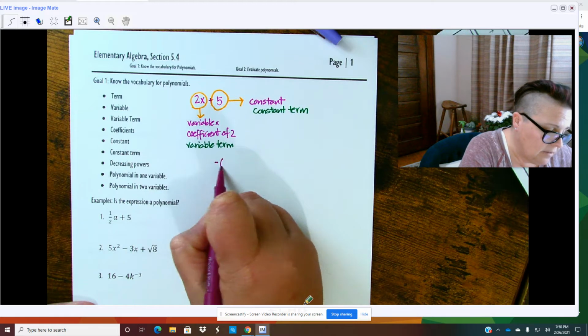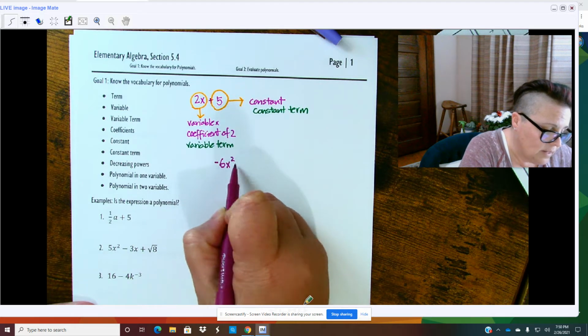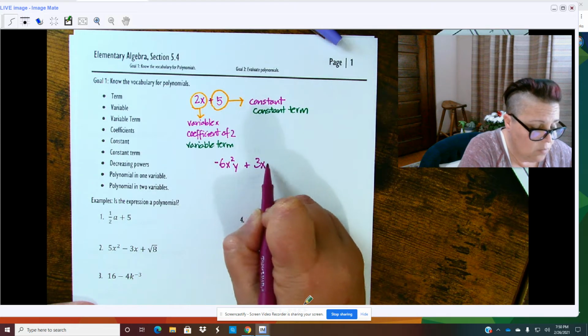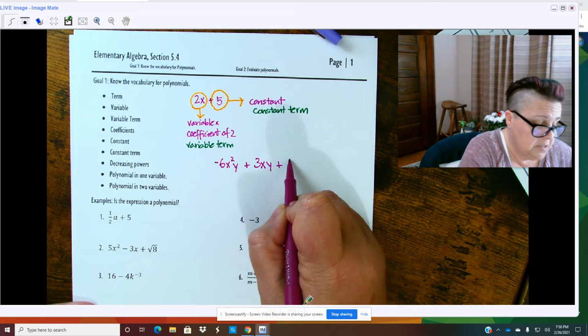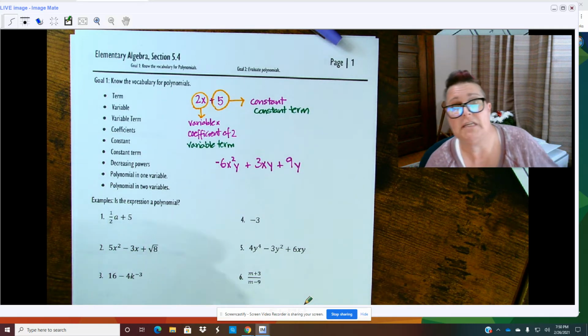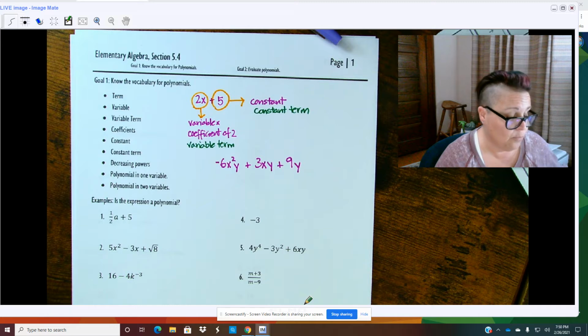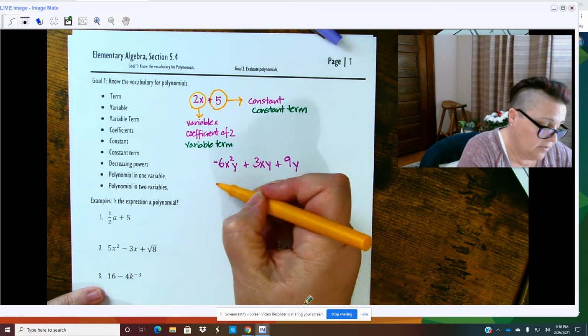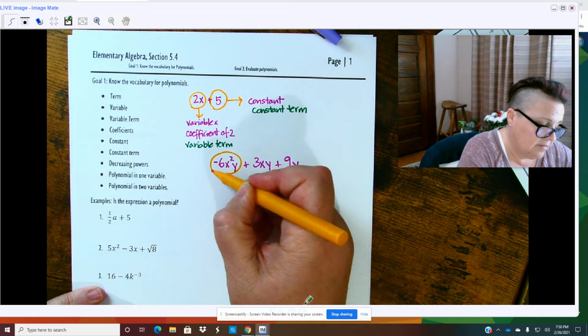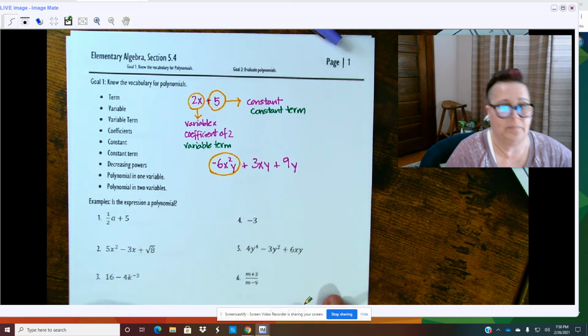something like a negative 6x squared y plus 3xy plus 9y. This particular polynomial has 3 terms. The first term here would be the negative 6x squared y.